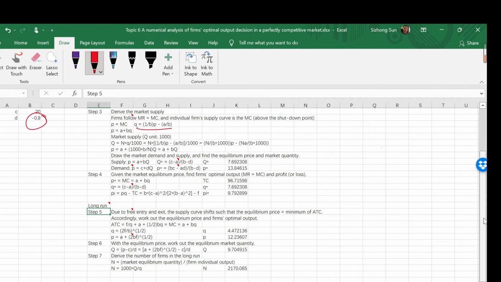So due to this free entry and exit, the supply curve shifts to the right, and the shift must be such that every firm earns zero economic profit. That means the market price must be equal to the minimum point of the average cost, which is where the marginal cost intersects the average cost. So we can work out the equilibrium price and the firm's optimal output. So we already worked out the equilibrium price. So given the equilibrium price, we can work out the firm's optimal output.